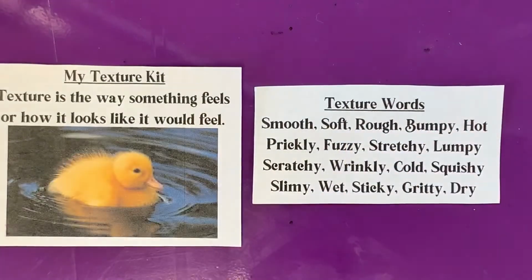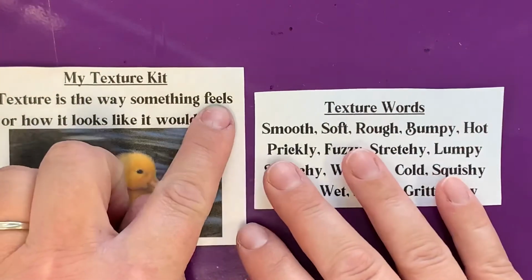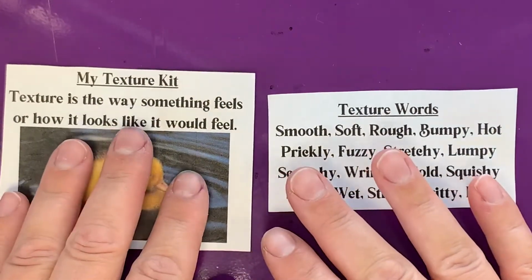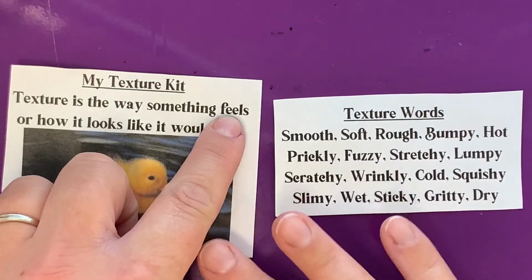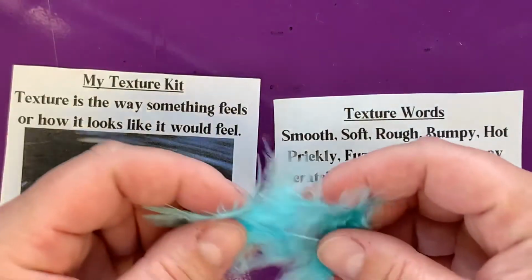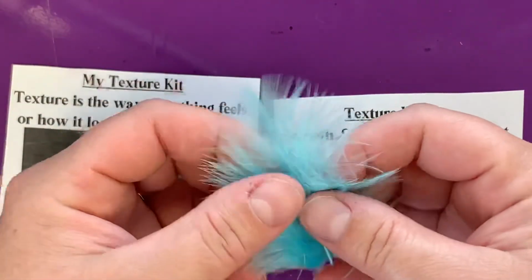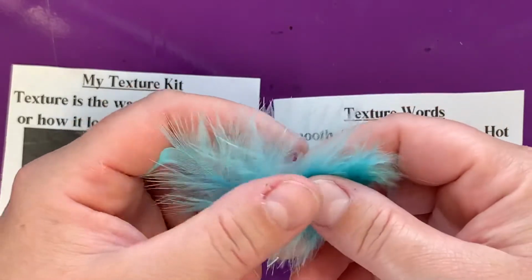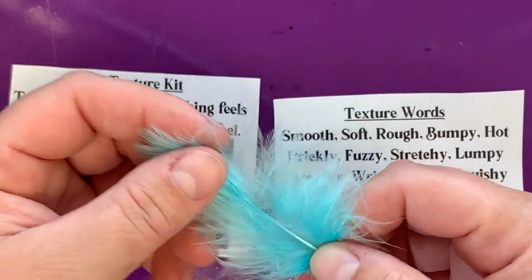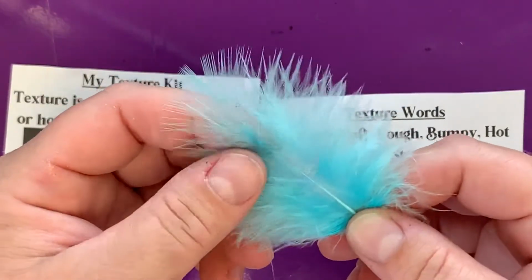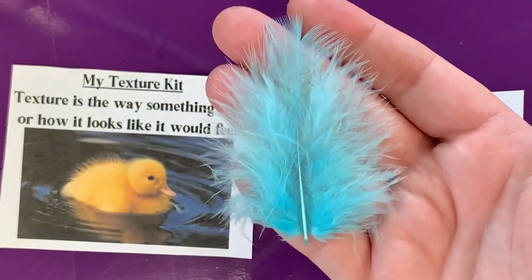And texture words. So sometimes we talk about the way something feels, you might think about emotions. You might say, well, I feel happy, I feel sad, but this kind of feel is different. This kind of feel is how something is when you touch it with your hands. So I have this feather in my hand, and as I'm touching it, even though you are not touching it, you're just watching me touch it, you might have some words for how you think this might feel.